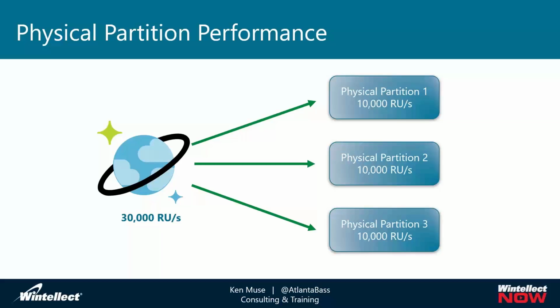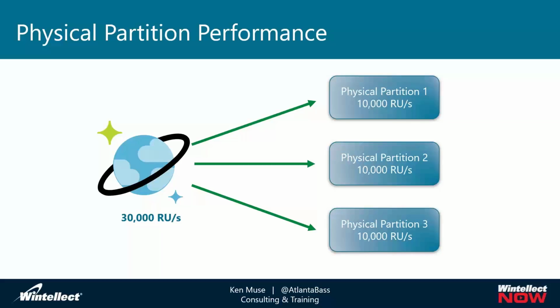So if I've partitioned 30,000 request units, and I've got 3 physical partitions, each one gets 10,000 RUs. That means that for my queries, I don't truly have 30,000 RUs available to any one partition. I have that available across all of the partitions. And so, depending on your partitioning strategy, this can affect your overall performance.